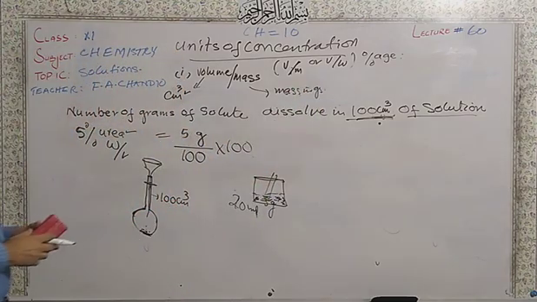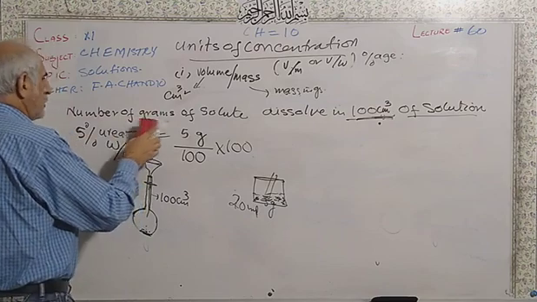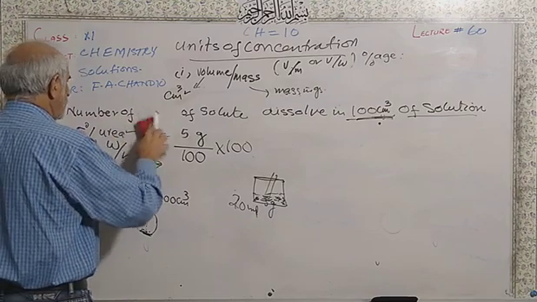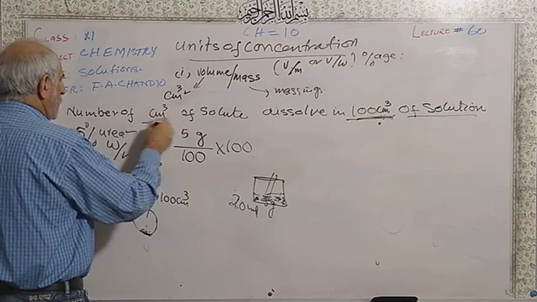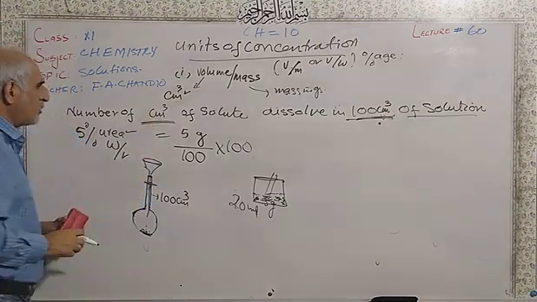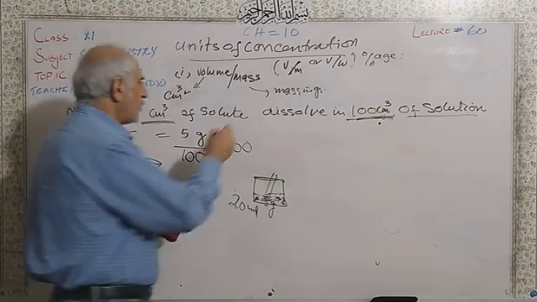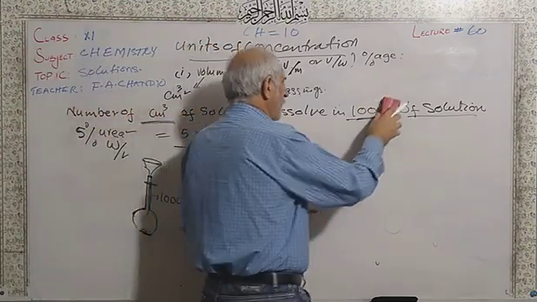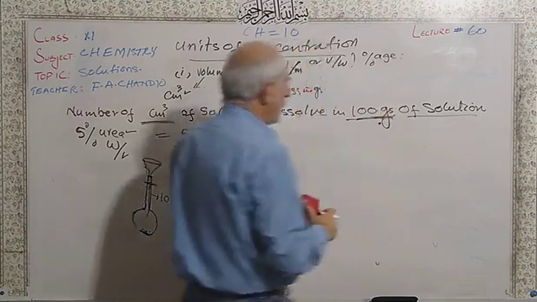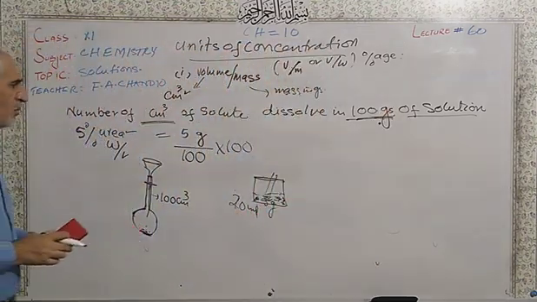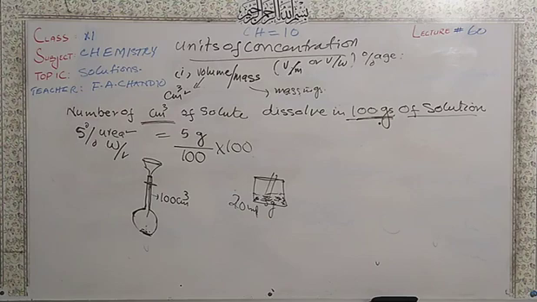To make 100: the number of centimeter cube volume of solute dissolved in 100 grams of solution. Total mass of solution must be 100.